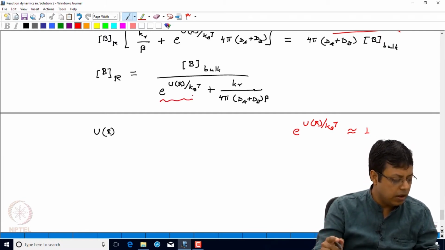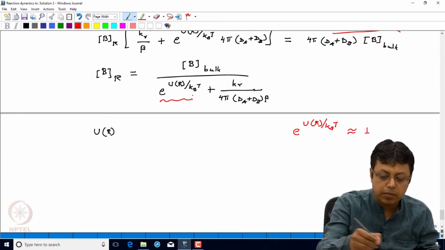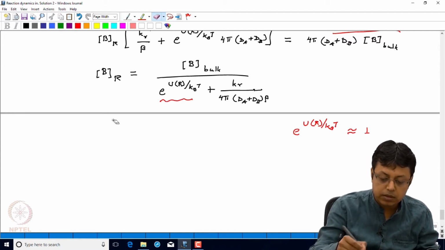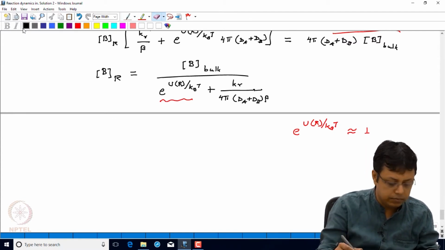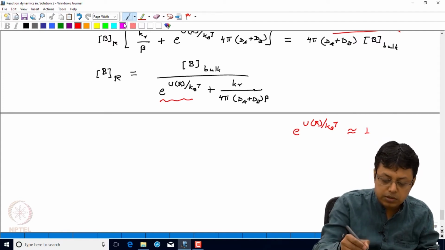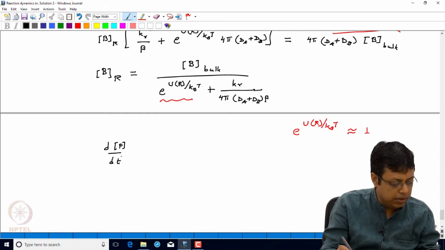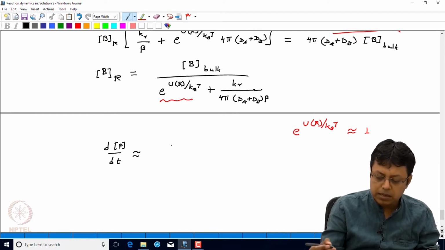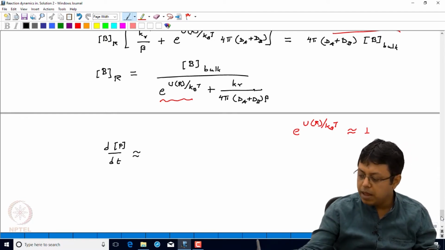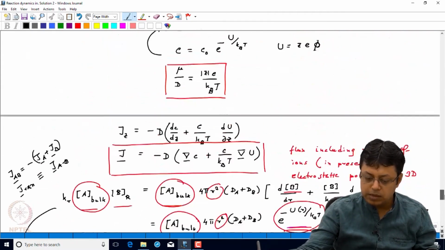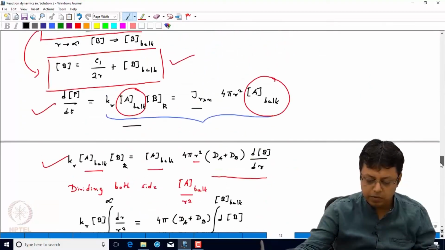And then as we know, the rate of product formation, dP dt, following the same kind of notation we have been using, under this approximation becomes, if we go back, what was the dP dt formula?